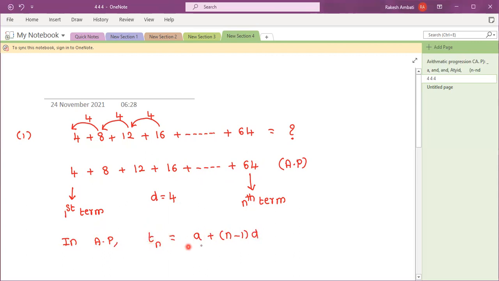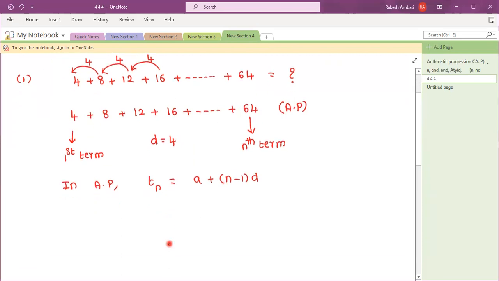In this question, the nth term is 64. So a64 equals a, the first term, 4, plus (n minus 1) into d, and the d value is 4.